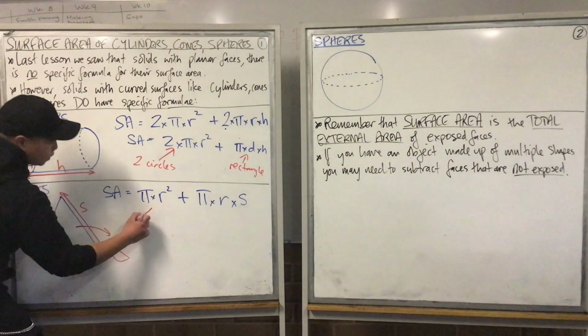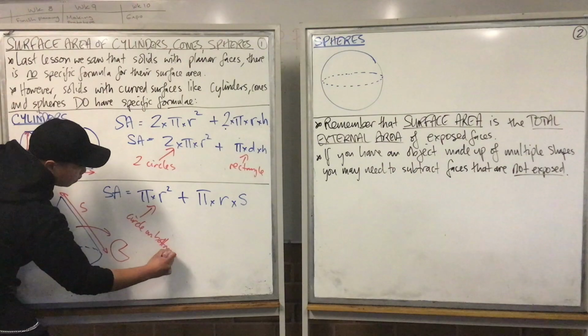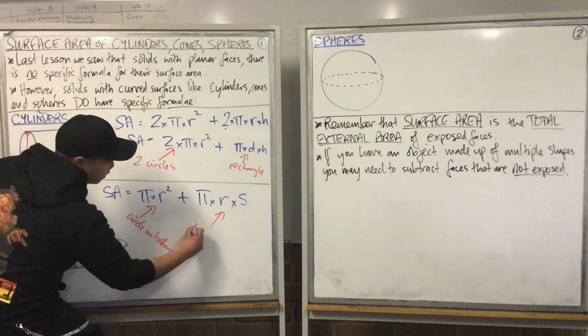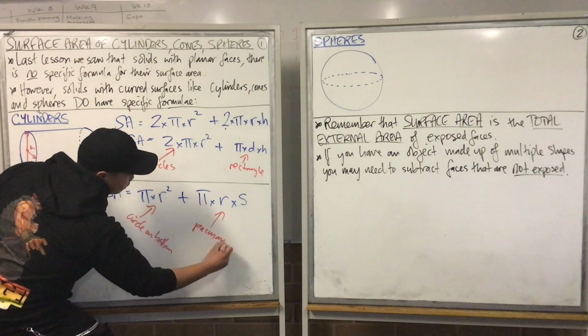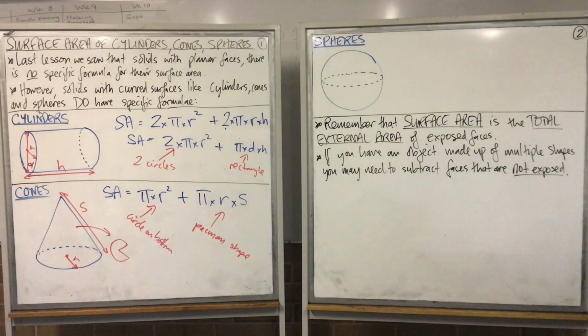So what is this? This is the circle on the bottom. And this is the Pac-Man shape that forms the cone. So you need to know the slant.